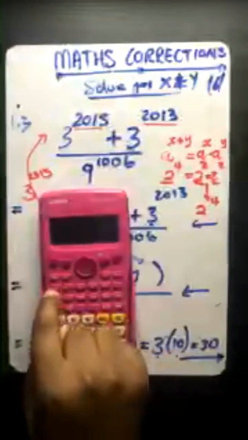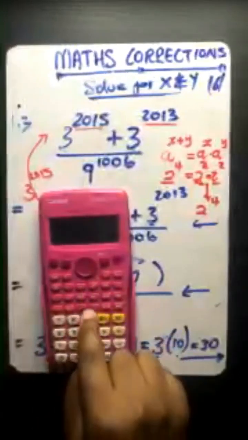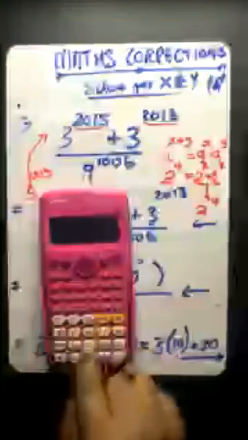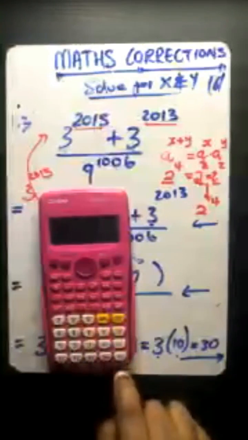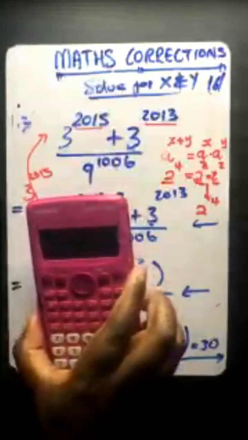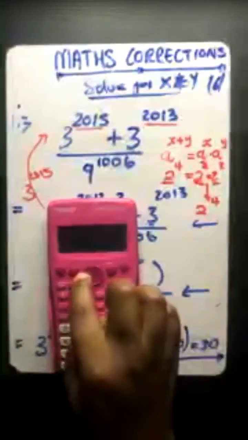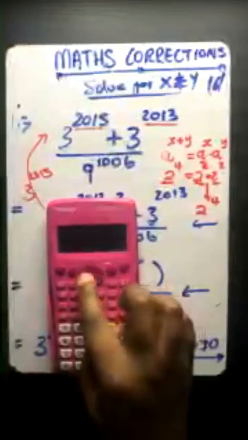Let me start it again. Say 3 to the exponent 2015. You go down, you say plus 3 to the exponent 2013 over 9 to the exponent 1006. Yes, it gives you an error because of those numbers being big. Let me quickly try to do that in brackets just to confirm that.